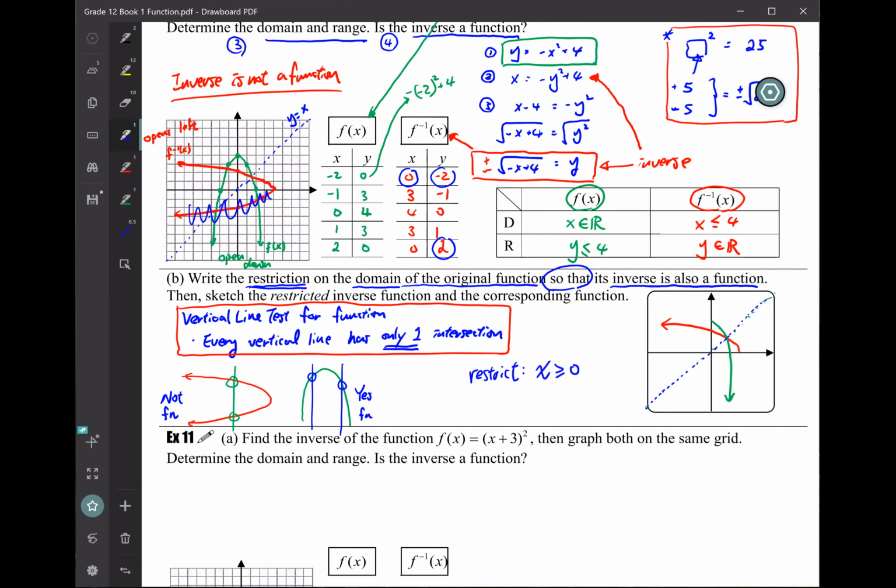If you are keeping the right-hand side, then the upper side of the inverse will stay there, and then it becomes a function. So that's what this whole question is about. Because if we don't put restrictions, you have an upper half and a lower half, then it's not a function. It doesn't pass the vertical line test.